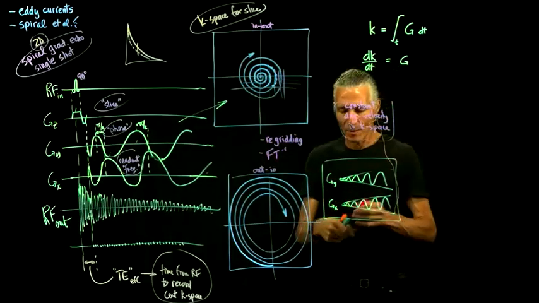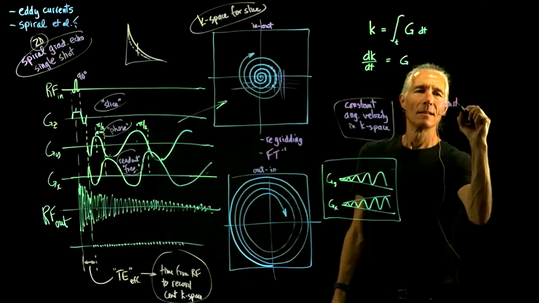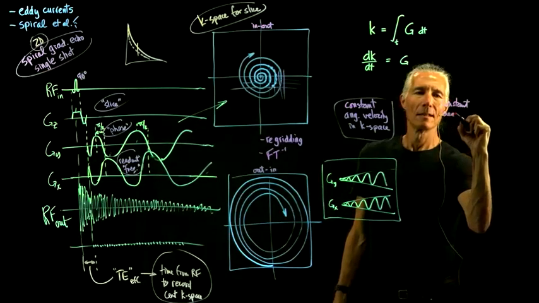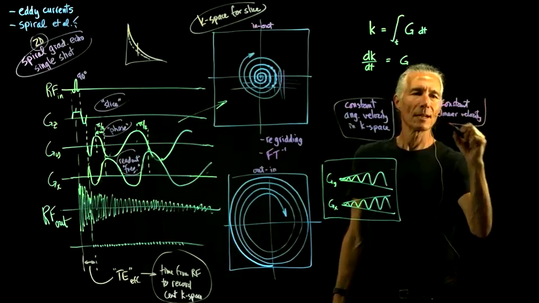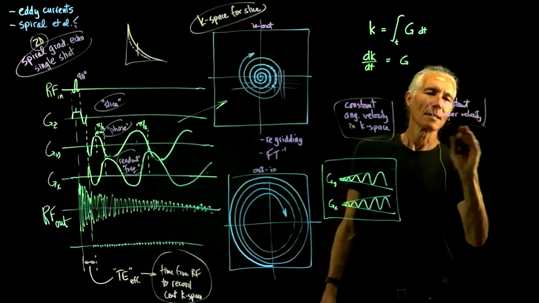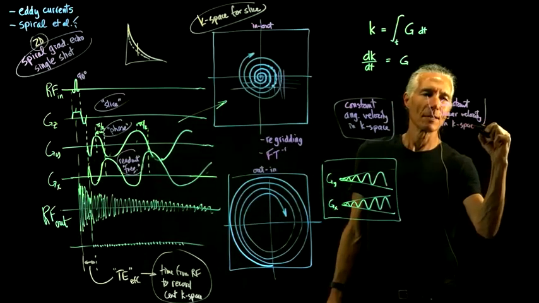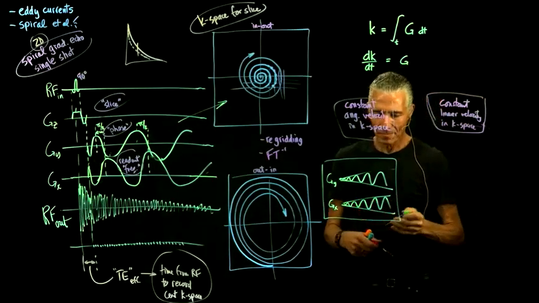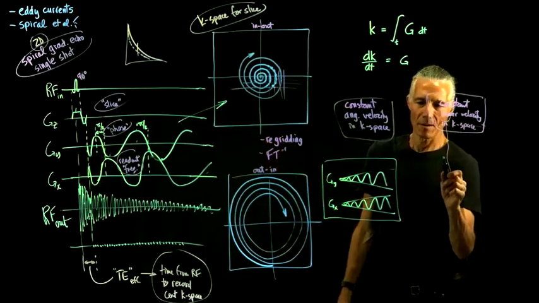So alternatively, what you could do is a constant linear velocity. If you do a constant linear velocity in k-space, you get a different set of equations for what the gradients should look like. And they look like the ones I drew there, more or less.